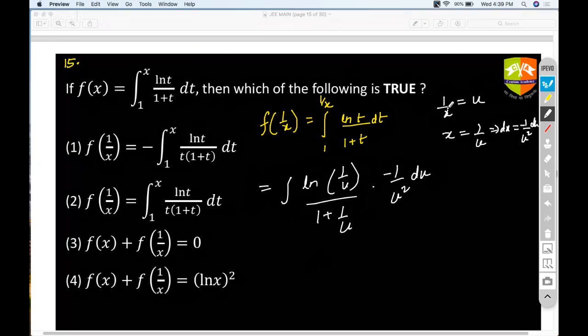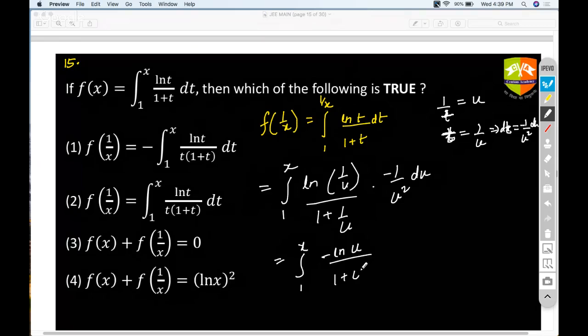Sorry, in fact, I've put t as 1 by u, not x. T as 1 by u. Okay. So if you simplify this expression, by the way, limits will be 1 by 1 to 1 by 1 by x, which is going to be x again. So it's 1 by x negative ln u.